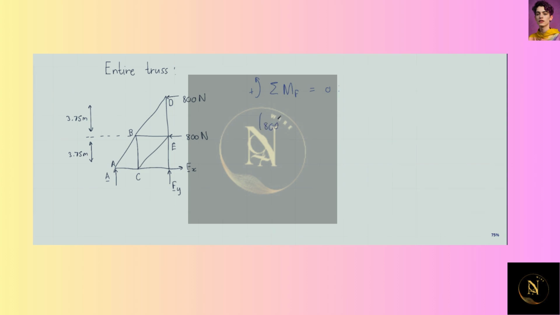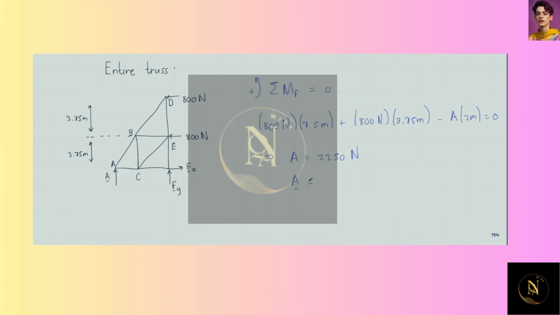These moments are 800 newtons times 7.5 meters plus 800 newtons times 3.75 meters minus A times 2 meters equals 0. This gives the magnitude of A as 2,250 newtons.